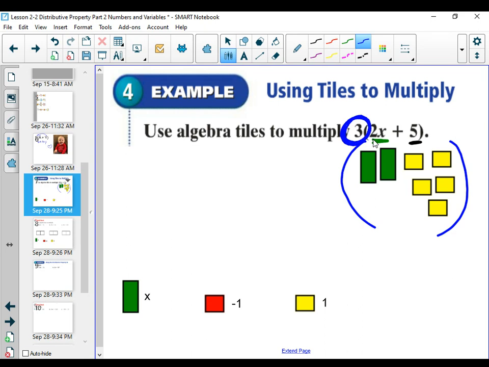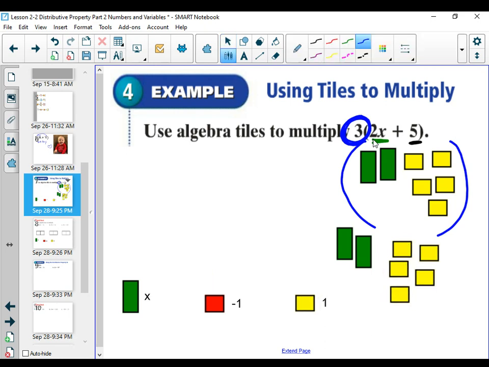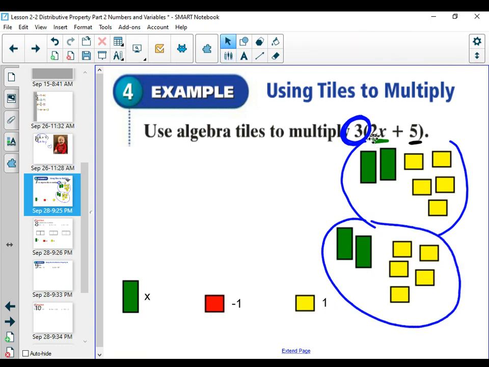But much like my Qdoba combo meal, I need 3 of those things. I need 3 of those combinations. So here's 2 x's and 5 positives. I needed 3 of these combinations.